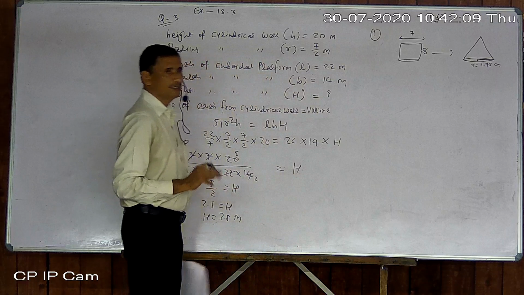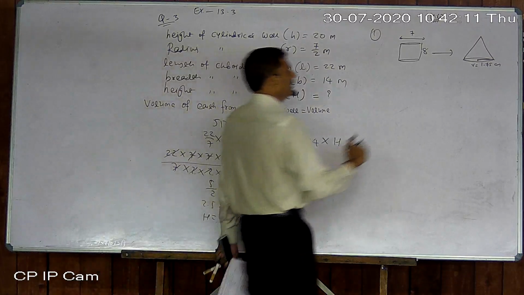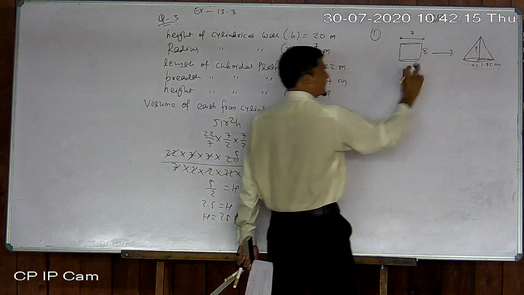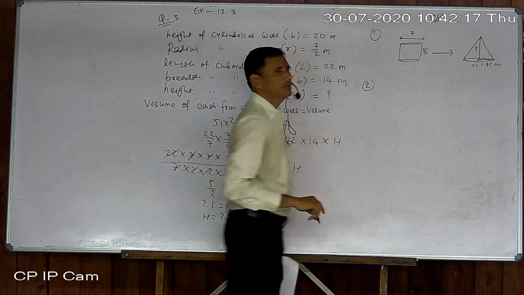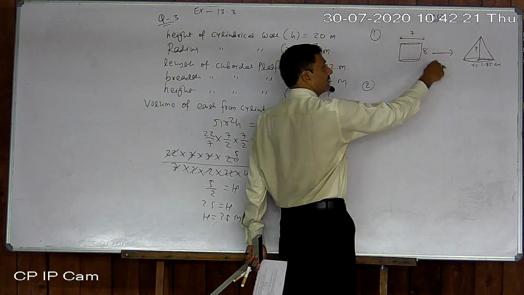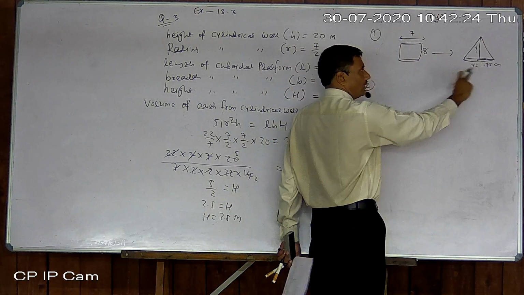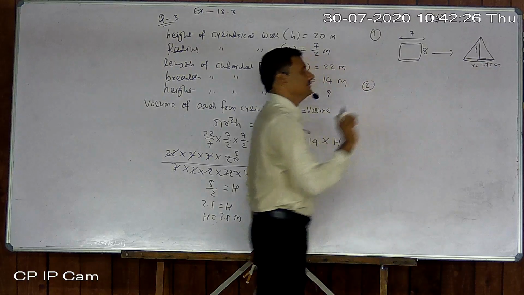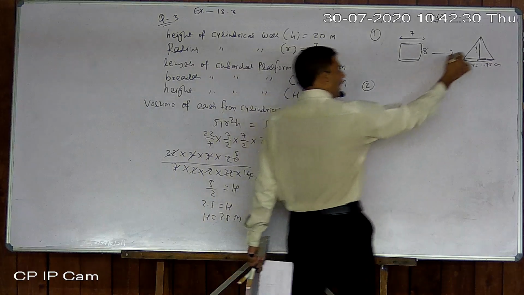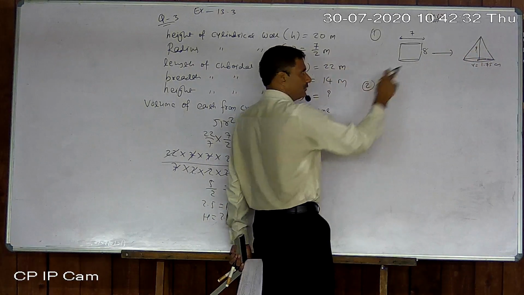Find the height. That is the first question. Again I tell you, a cylinder of height 8 and diameter 7 is melted and recast into a cone of radius 1.75 centimeter. Height of the cone is asked.